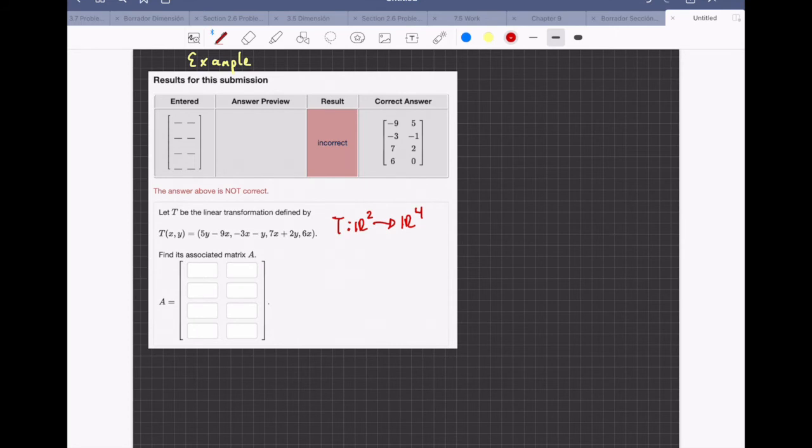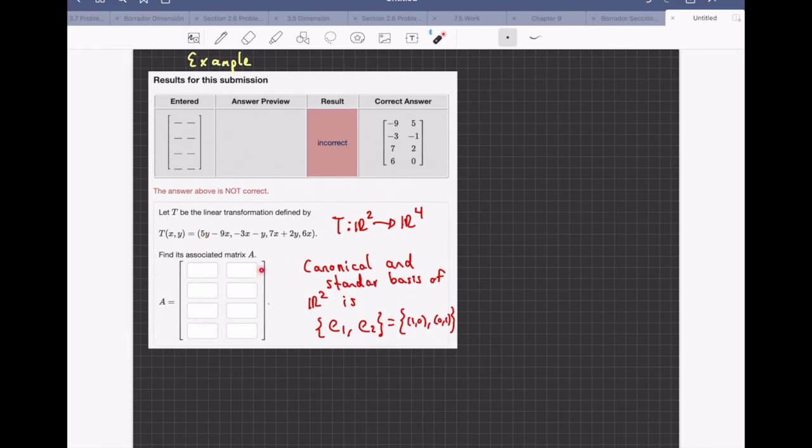So the canonical and standard base of R2 is E1, E2. This is (1, 0), (0, 1). So I have to apply the transformation to the canonical base to obtain the matrix.